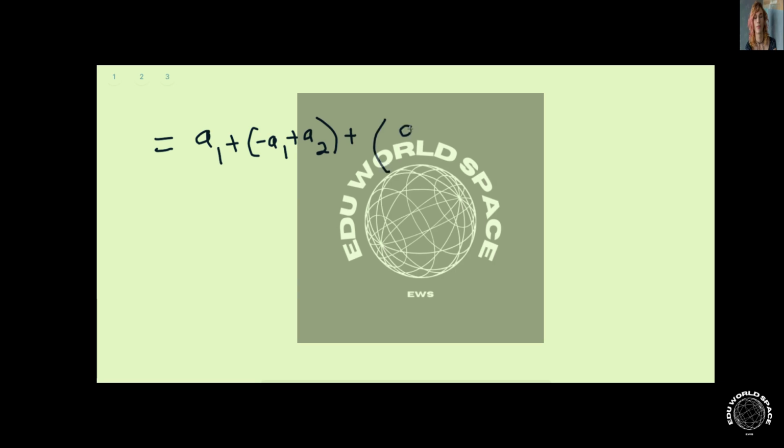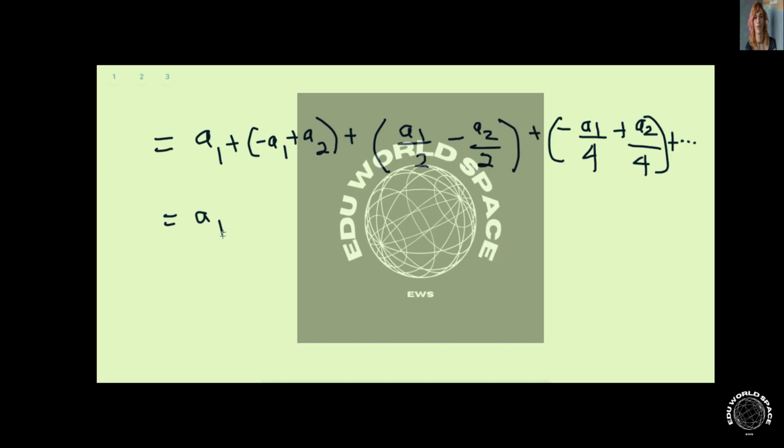And then the next one, we already worked this out in the table on the previous page. And I could keep going in this pattern, and you could see that it's a geometric series. So the first term, we'll leave that alone. Then after that, we can rewrite the sum. A2 minus A1.